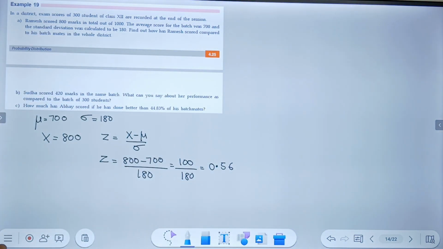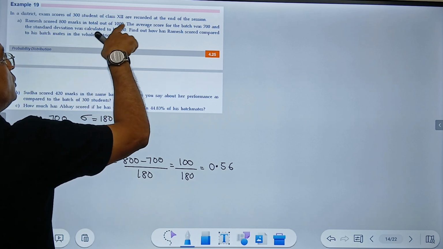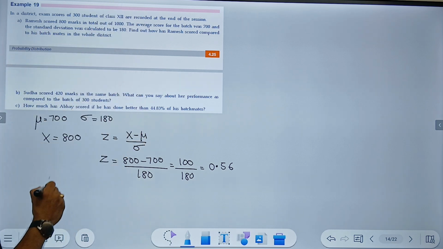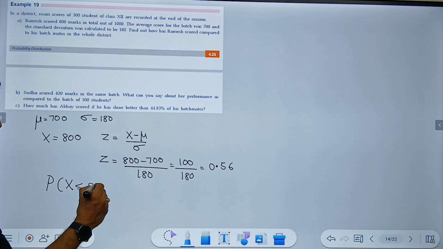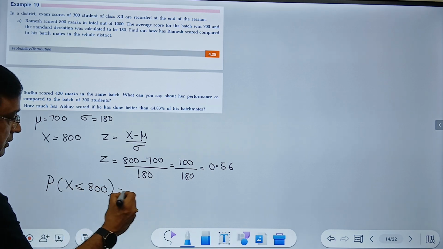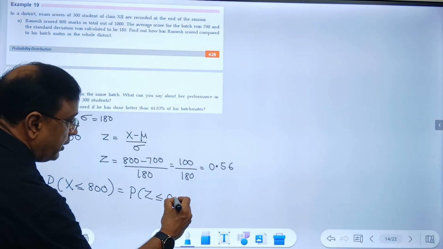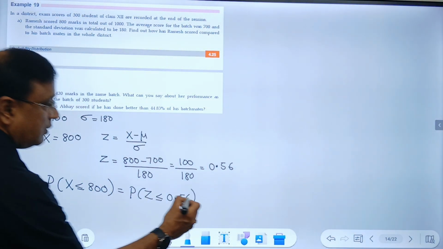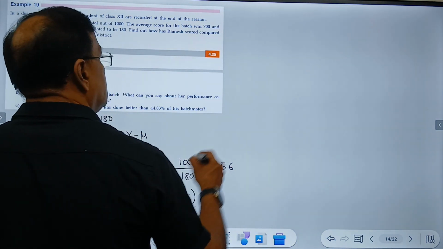0.56. Now Ramesh scored 800 marks in total out of 1000. So that means he has not scored more than that. So less than or equal to 800. So when X is 800, my Z will be 0.56. Now how do I understand this?